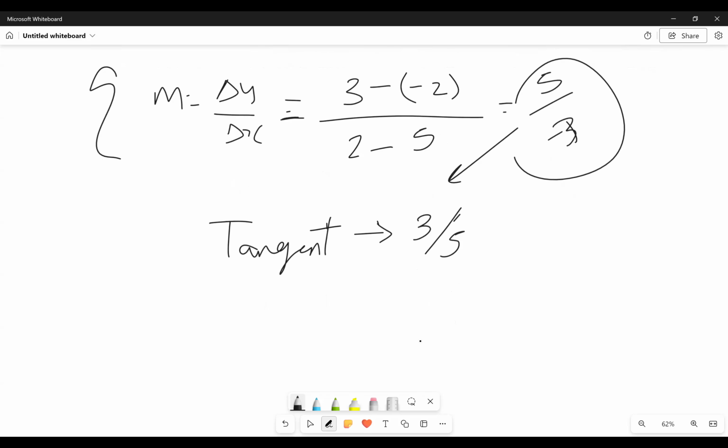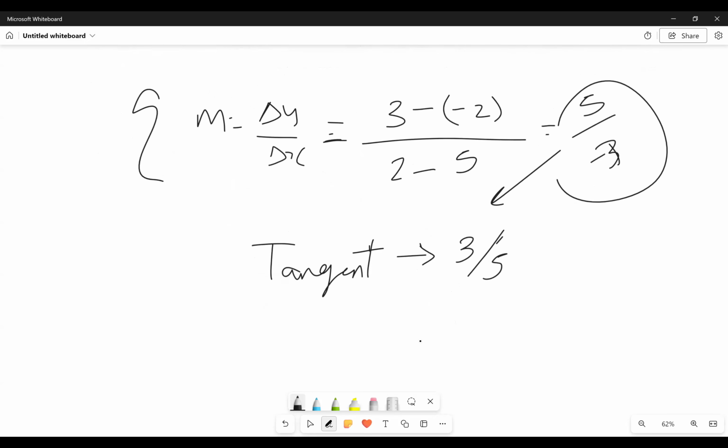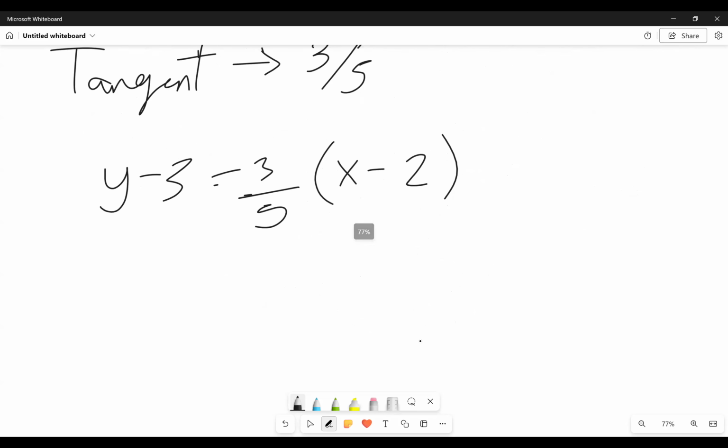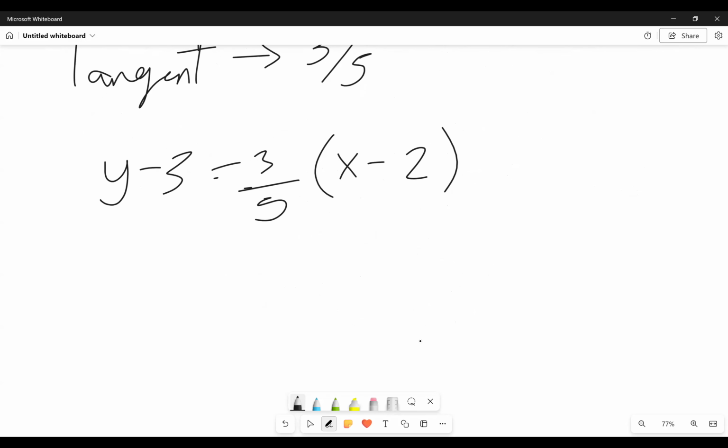Then the next part is, that means the equation of the tangent is going to be y minus 3, which is from here, is equal to 3 over 5, multiplied by x minus what we have here, 2, right? The expectation is that you're not going to leave it like this, you're going to simplify it down. So it becomes y equals 3 over 5 x plus... why am I doing this?